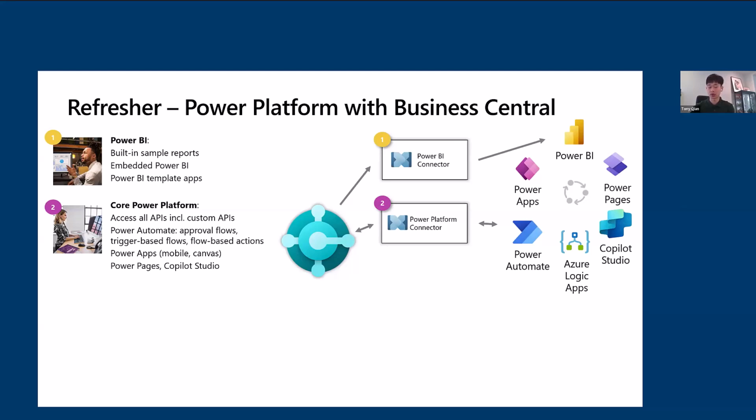Power Automate for any approval processes, and Copilot Studio for building agents, very interactive, intelligent bots that you can embed in Teams, in websites, in other places. Power Pages, a customer or vendor self-serve website where they can update their records on their own.